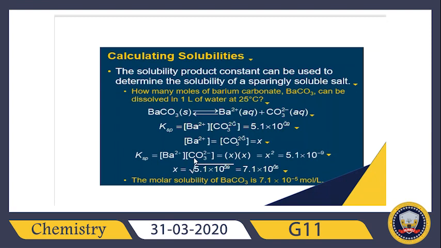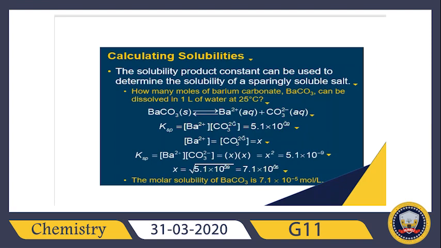So the concentration of barium and carbonate ions is equal to 7.1 times 10 to negative 5, and as we said, at equilibrium, the concentration of these ions will be equal to the solubility of this solid. Here the solubility of barium carbonate will be equal to 7.1 times 10 to negative 5.